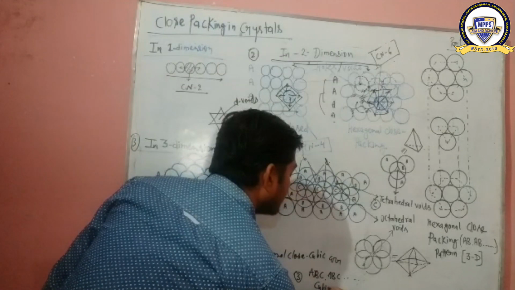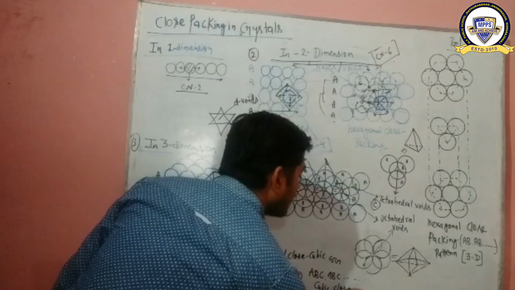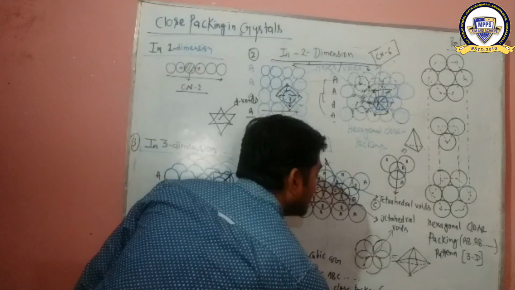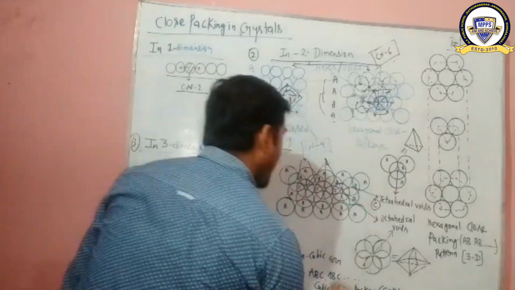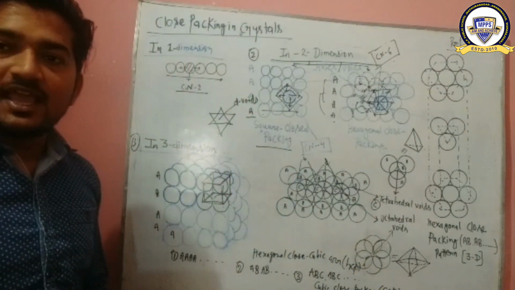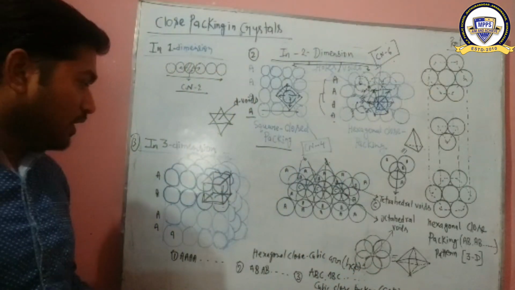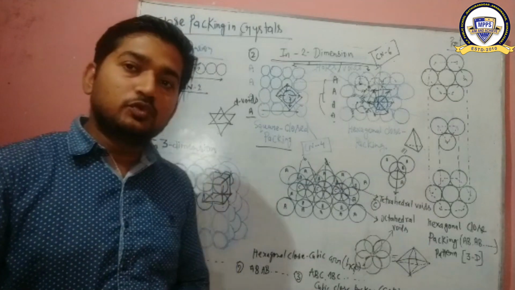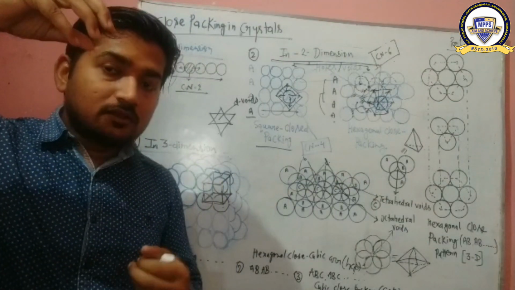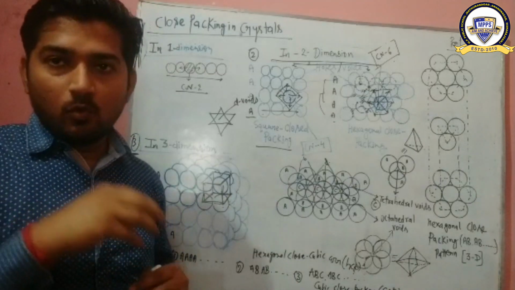cubic close packing, also known as CCP, and this is known as HCP. So HCP is formed when the third layer acquires the tetrahedral voids.